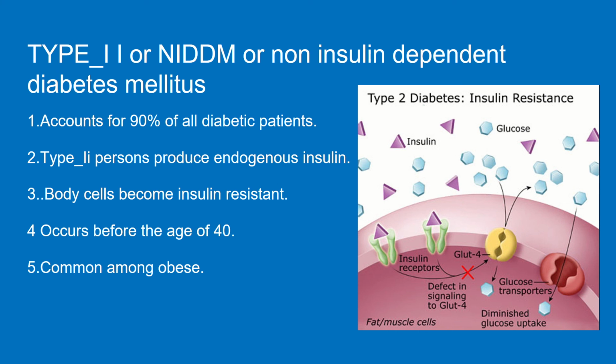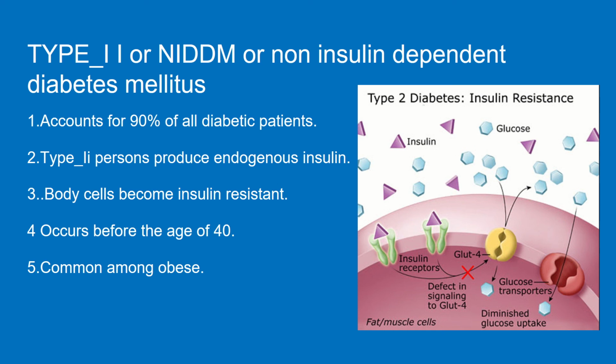Type 2 diabetes mellitus is non insulin dependent diabetes mellitus. It accounts for 90% of all diabetic patients. Or we can say 90% of the diabetic patients are type 2. Why is it called non insulin dependent?